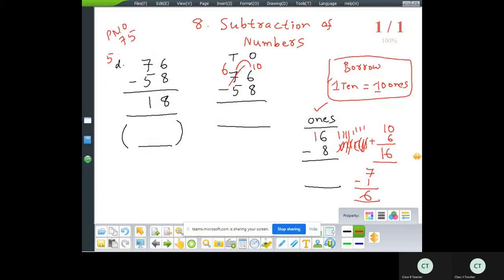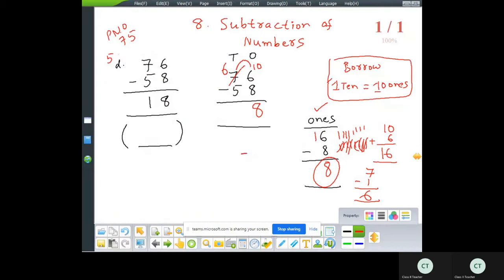After cutting 8 lines from 16 lines, there are 8 lines left. 16 minus 8 is 8. This answer 8 is written in the 1's place.